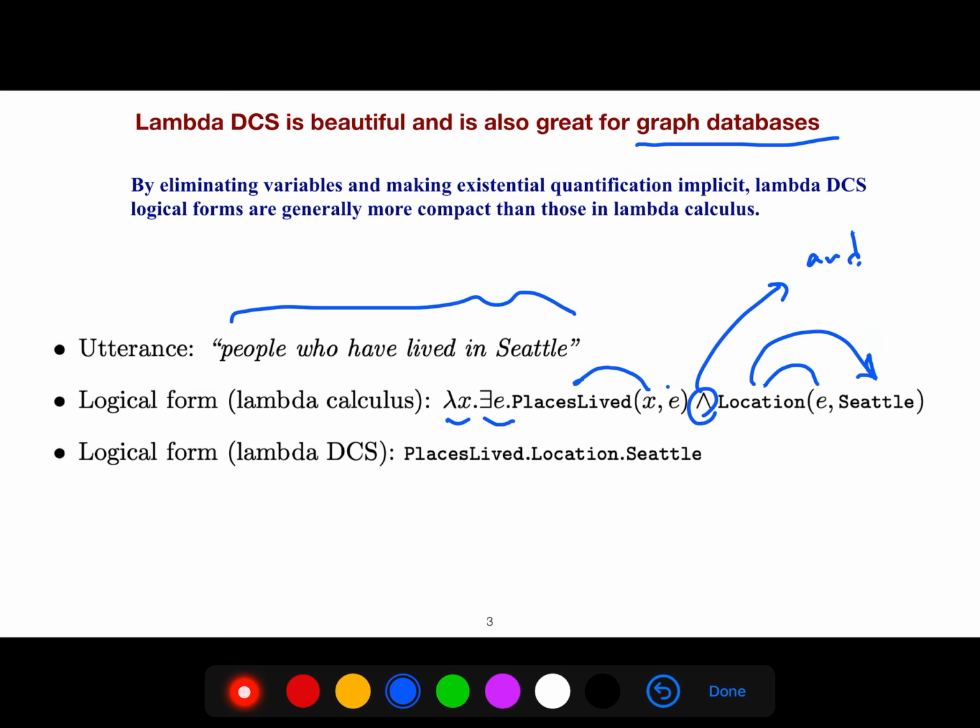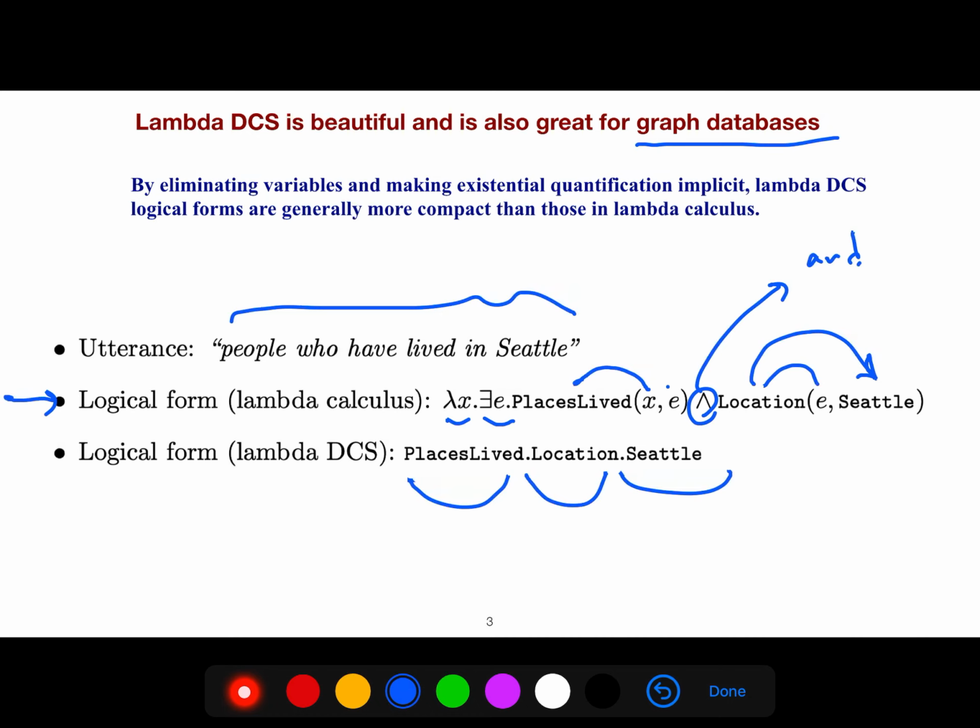The main essence of this article is that we can change this logical form, which looks long and difficult, to a simplified, more intrinsic form, which is this: place lived dot location dot Seattle.